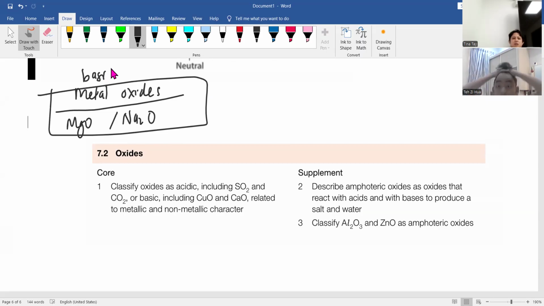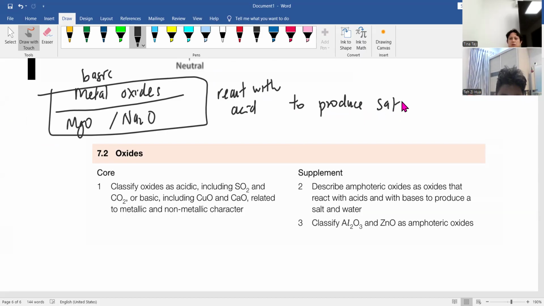What does basic mean? Basic means it can react with acid to produce salt and water.